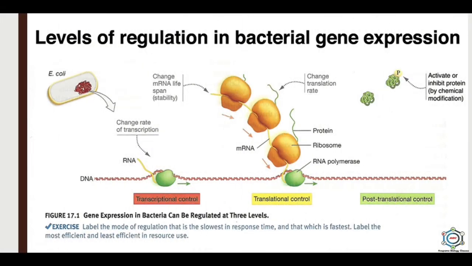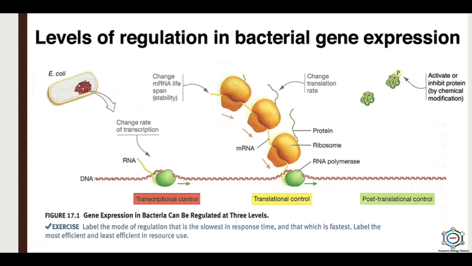Now, the levels of regulation in bacterial gene expression. Gene expression in bacteria can be regulated at three levels. The first is the transcriptional level, then the translational level, and after that post-translational control. These modes of regulation differ in which is the slowest and which is the fastest in response time, and which is the most efficient and least efficient in resource use.